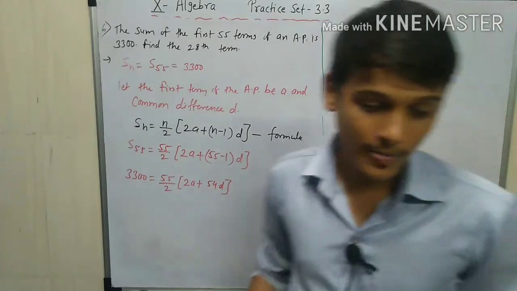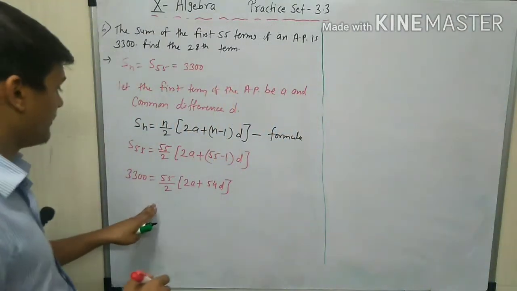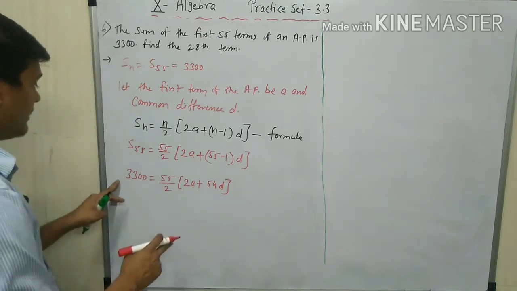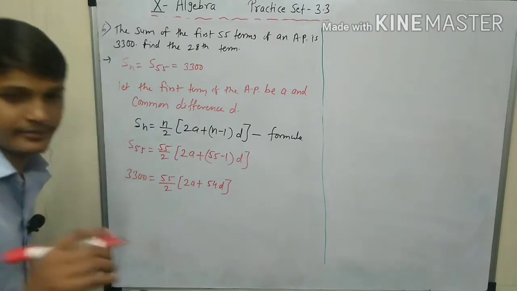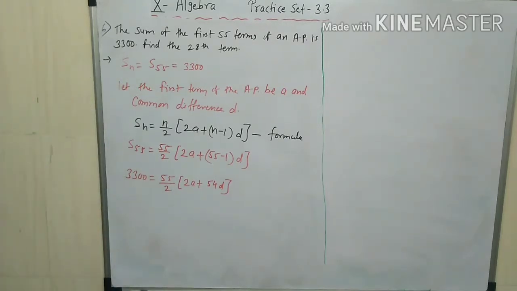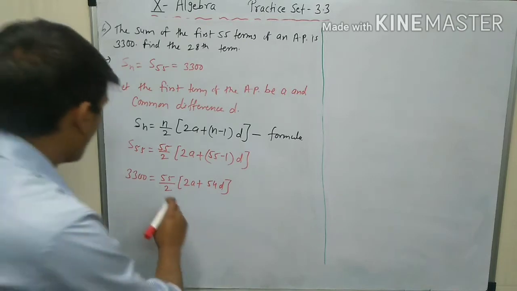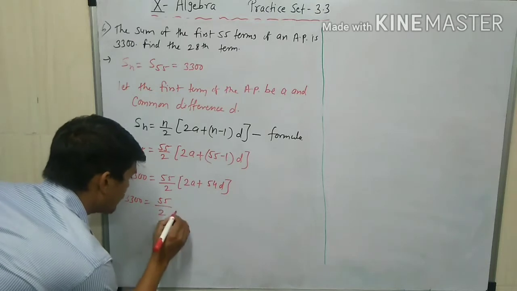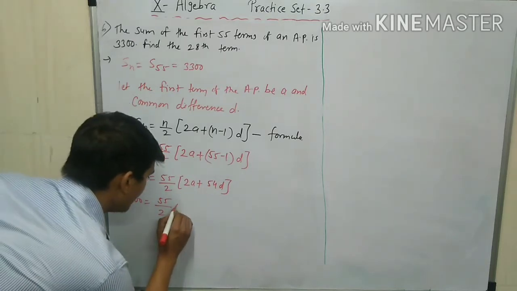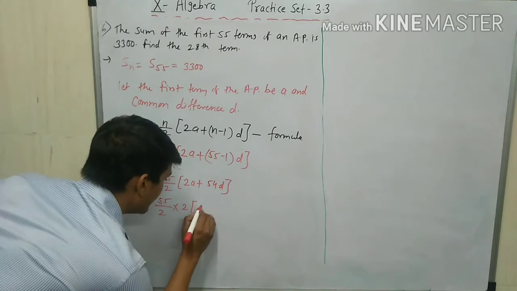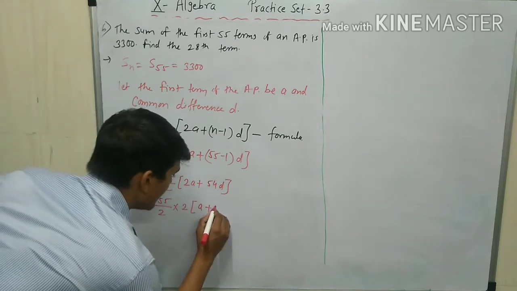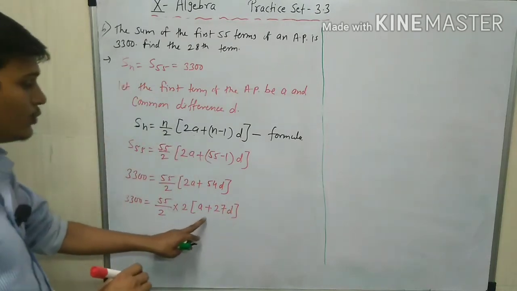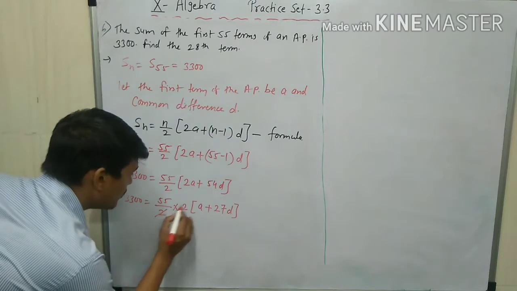Understood? Now there is a 2 common. We can write here 3300 is equal to 55 upon 2, now 2 is common, so multiply by 2 and in the bracket a plus, 2 1s are 2, 2 2s are 4, 2 27s are 54, so 27d. Understood? The 2 is cancelled.